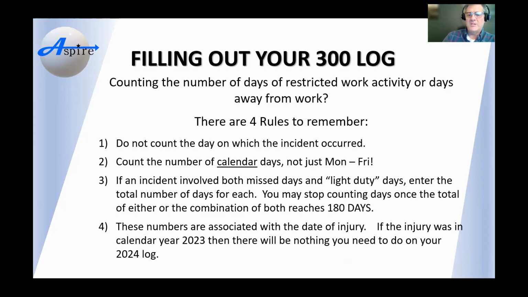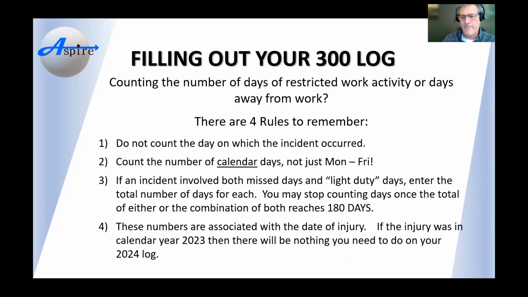The fourth rule is all these numbers associated with either light duty or missed work go back to the date of injury. Okay, and what I mean by that is if your log entry is due to an incident that happened on December 30th, and let's just say that happened last month in 2025, and you have 2025 documentation, you have no responsibilities on your 2026 log or your 2026 summary, even though we're still counting missed days and light duty work, et cetera.